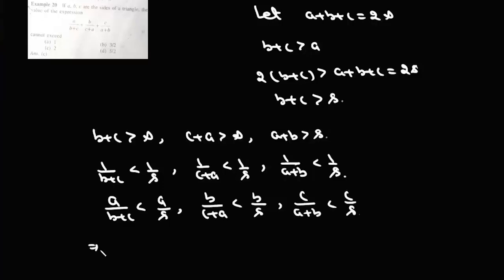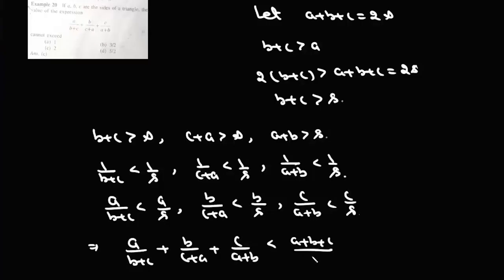Now if we add all these three, we can write a upon b plus c plus b upon c plus a plus c upon a plus b will be less than a plus b plus c upon s. Now a plus b plus c is 2s, so it is always less than 2. So from here we can write this value cannot exceed 2, and that's your option C.